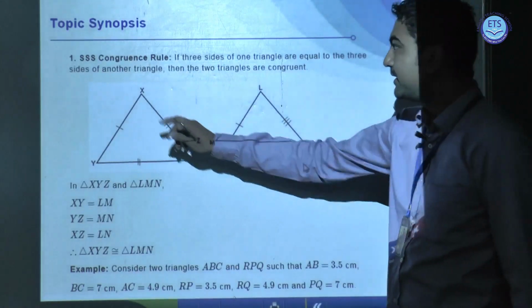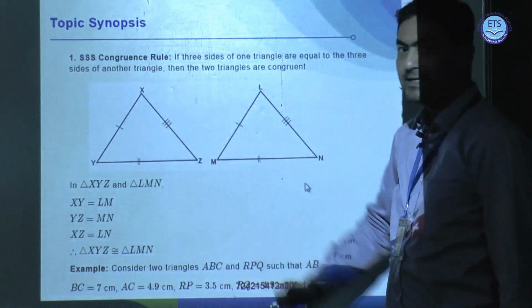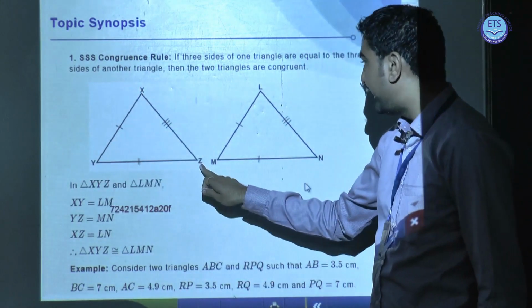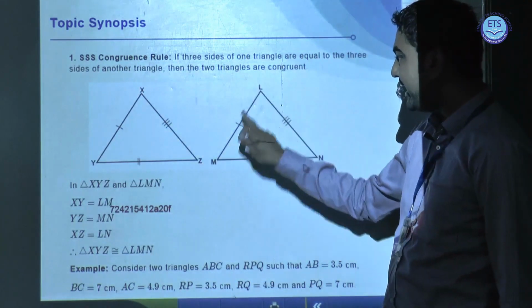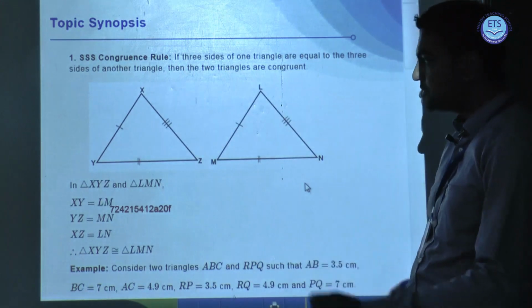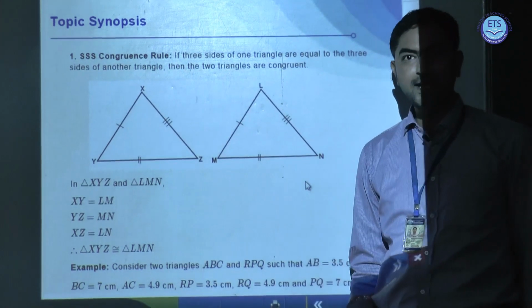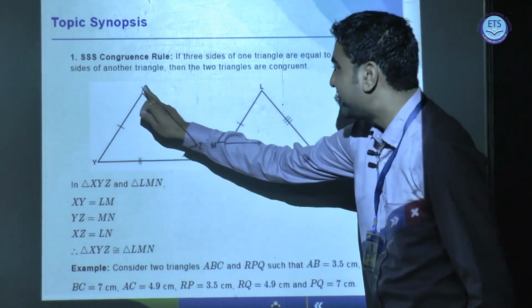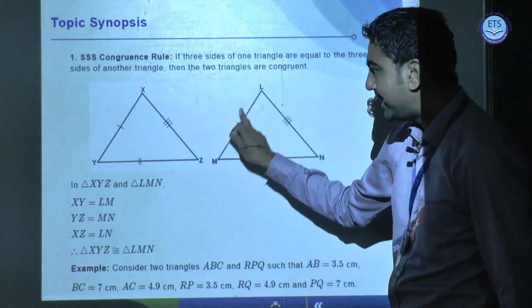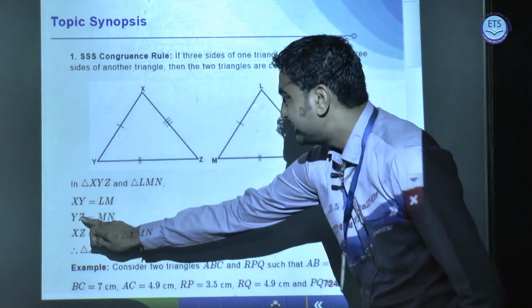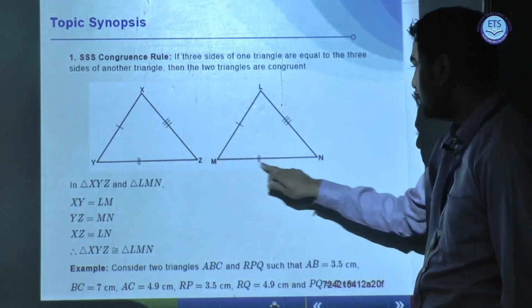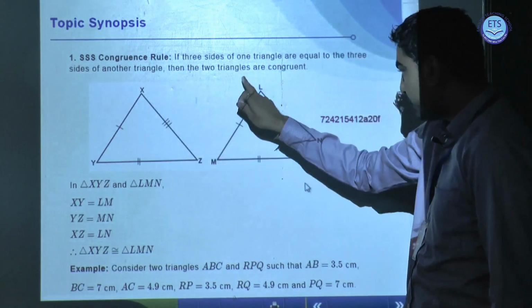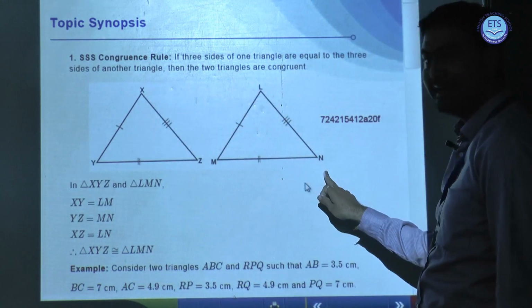See here, the SSS congruence rule is given. There are 2 triangles, the first triangle XYZ and the second triangle LMN. The corresponding sides: line segment XY corresponds to line segment LM, line segment YZ corresponds to line segment MN, and line segment XZ corresponds to line segment LN.